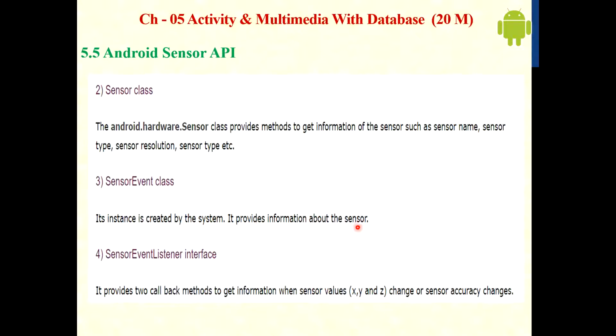It provides information about the sensor. And the last class is SensorEventListener. It is an interface. It provides two callback methods to get the information when sensor values X, Y and Z change or sensor accuracy changes. So these are the various classes regarding sensors.